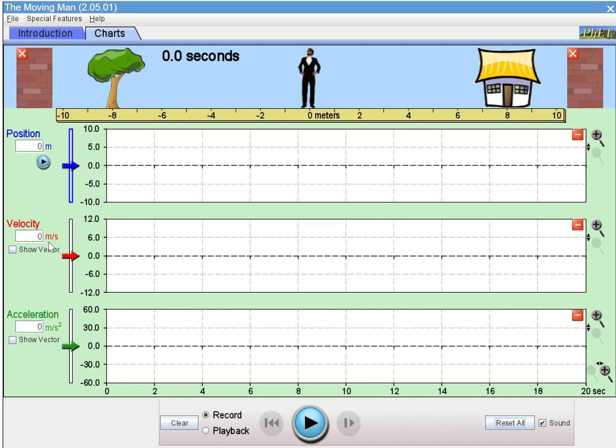Let me try that again. We'll make his velocity 2 and his acceleration -0.5.